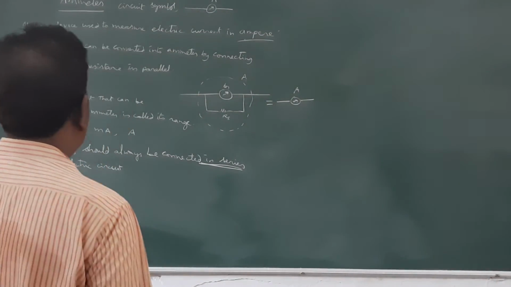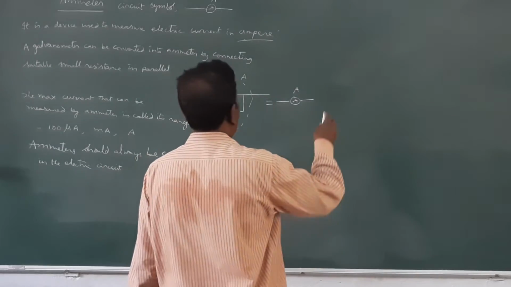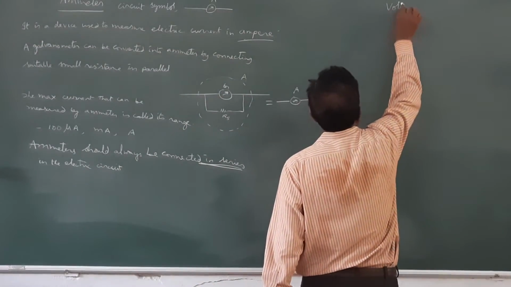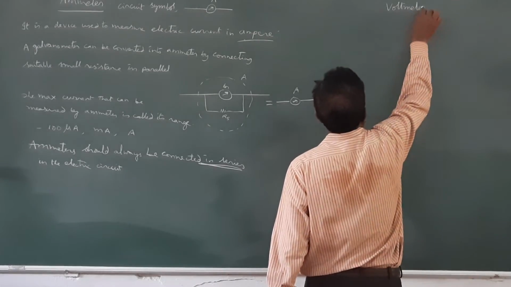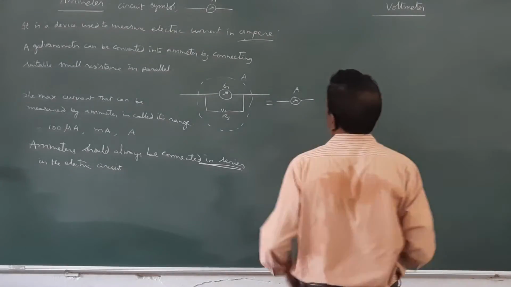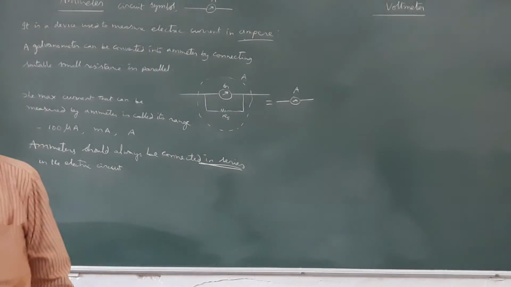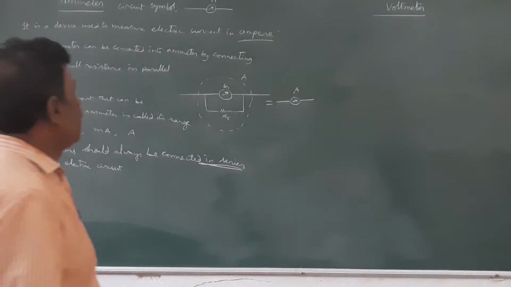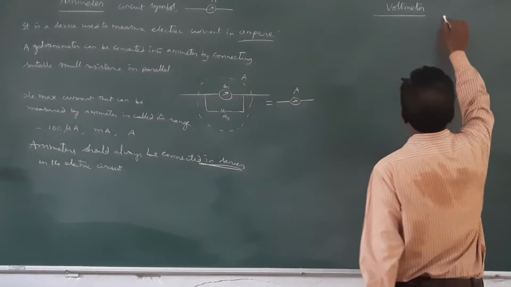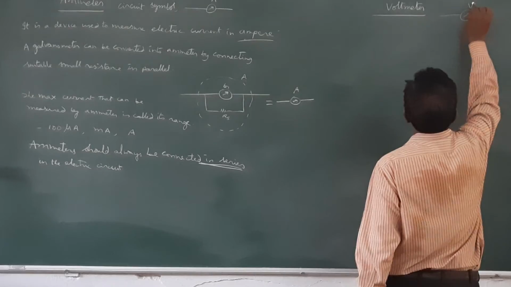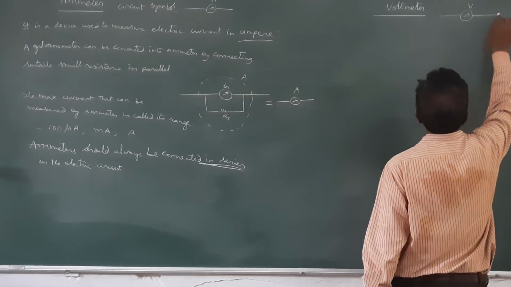Now, let me introduce another device called the voltmeter. The circuit symbol is similar, and it is just represented by V, voltage.